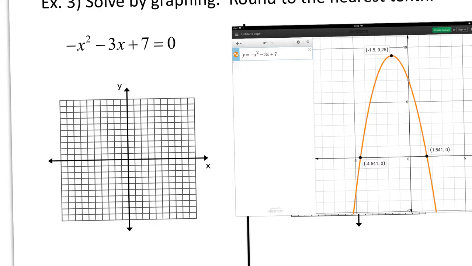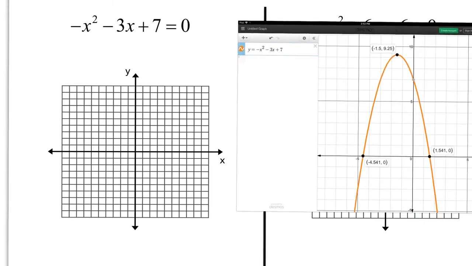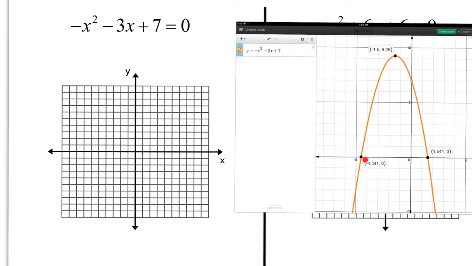Looking at the solutions, first of all, let's write down the two intercepts. One of them is at negative 4.5. That's rounded to the tenth because the 5 stays the same. Even though you have a 4 next to the 5, the 5 doesn't round up.